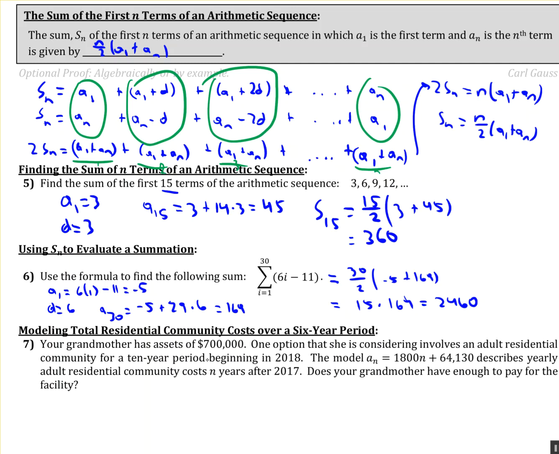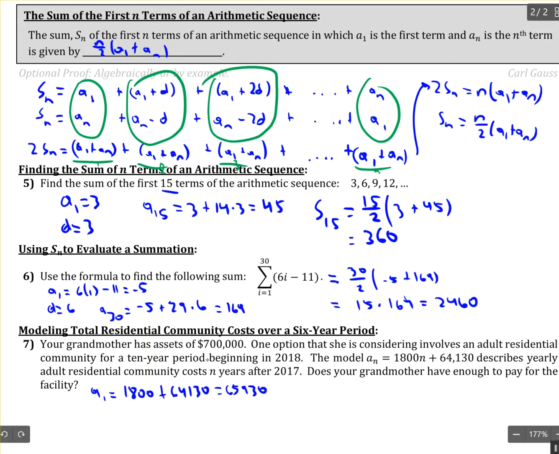So again, if we look at it, A1 is going to equal 1800 plus 64,130. So 65,930, right? All right, so that's A1.